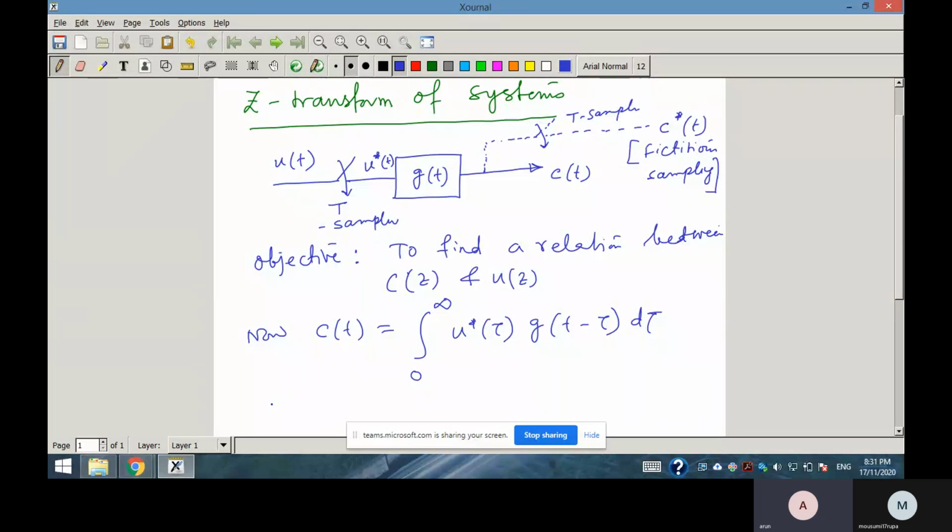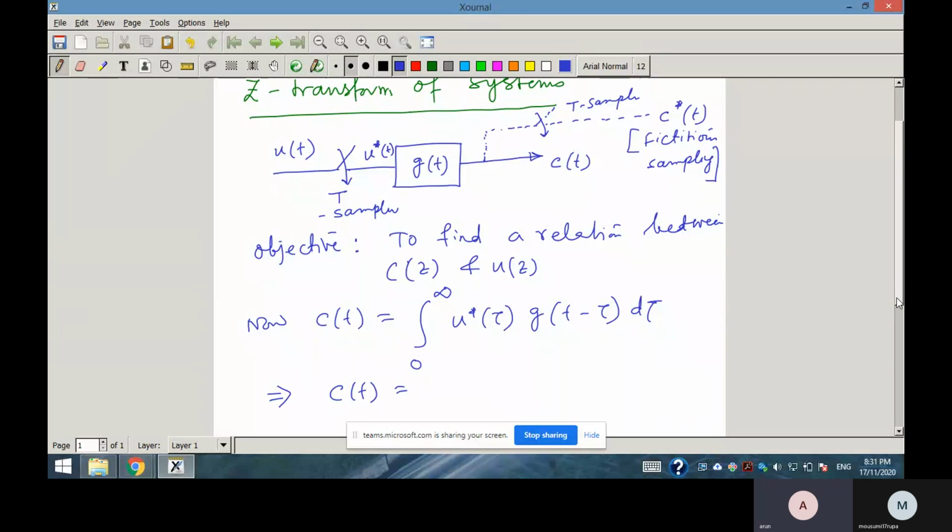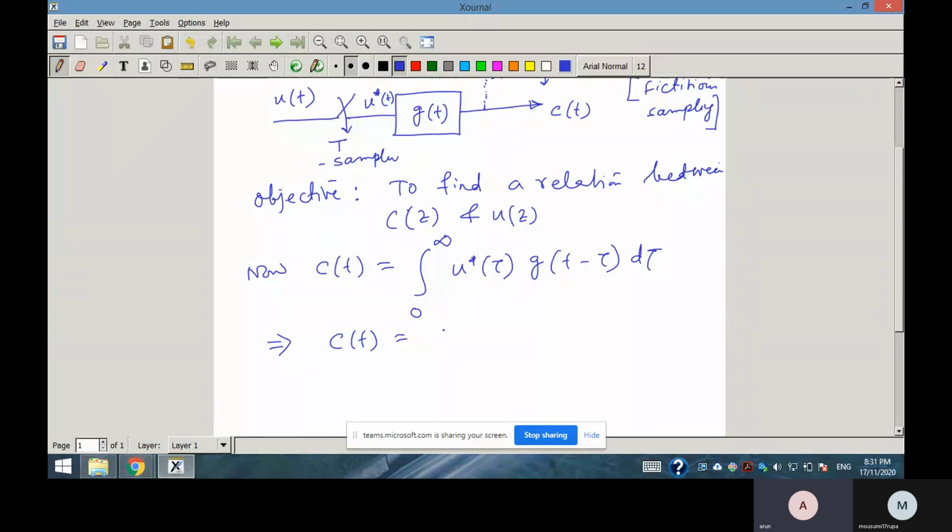So this means c(t) equals the integral from zero to infinity. Now, the sampled signal expression u*(tau) we have already got. This is equal to the summation for n equal to 0 to infinity of u(nT) into delta, with the e to the power minus Ts term in the s domain.